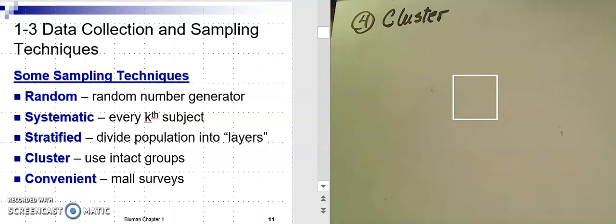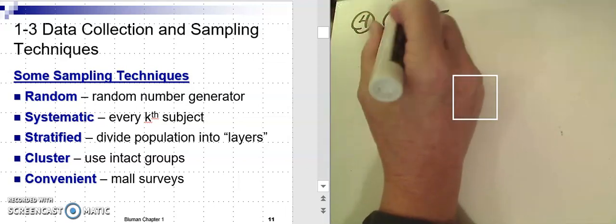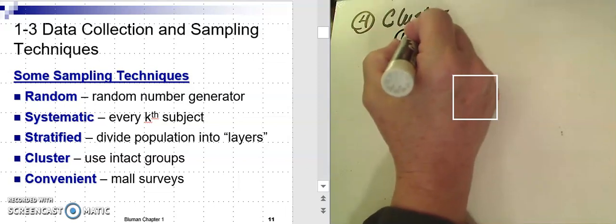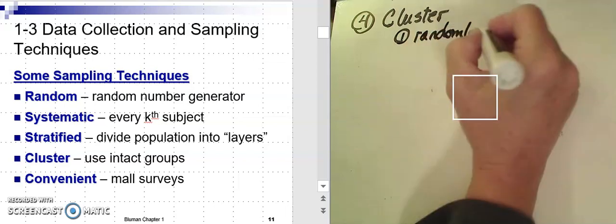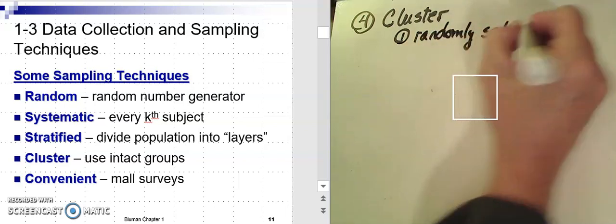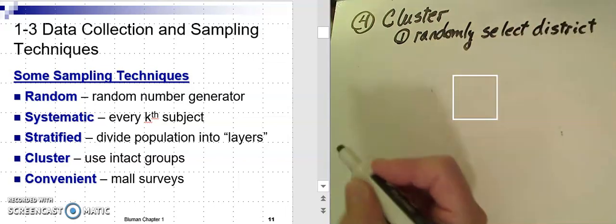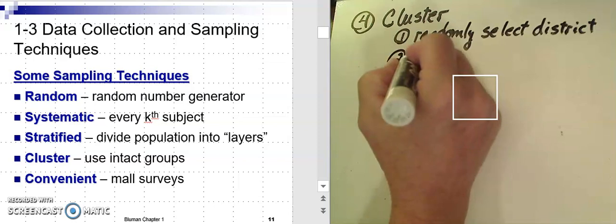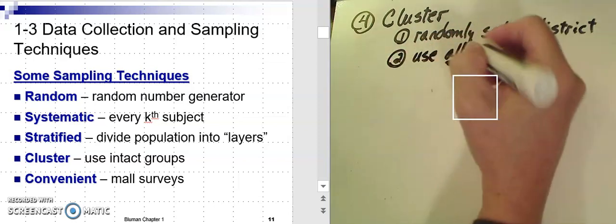So if I wanted to find out the opinions of the citizens of the state of North Carolina, and I was trying to pull a sample, what I would do is first randomly select the district. First step, randomly select the district. So we'd randomly pick one of those 100 counties. And then the second step, use all the members, use all the citizens in that county.